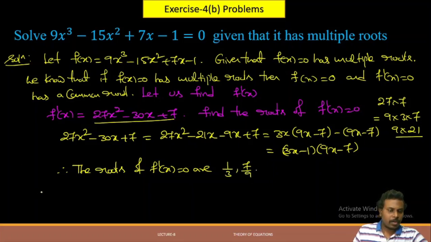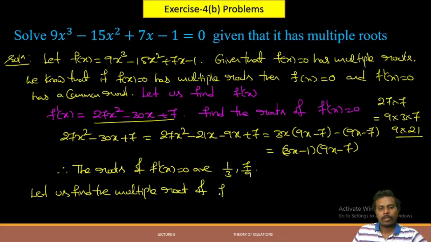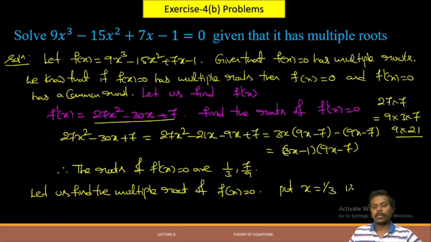Now let us find the multiple root of f of x is equal to 0. Let us check whether x is equal to 1 by 3 is a multiple root or not.